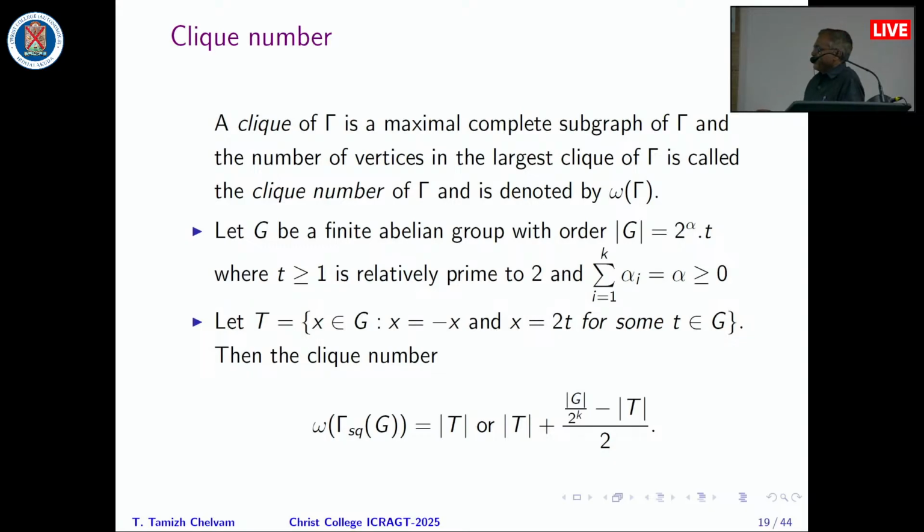So this is the set of all involutions, and they are the square of some element in G. Let me take this as T, and this T plays a vital role. As per the cardinality of this T, the clique number is either the cardinality of T, or the cardinality of T plus order of G by 2 to the power k minus order of T by 2.